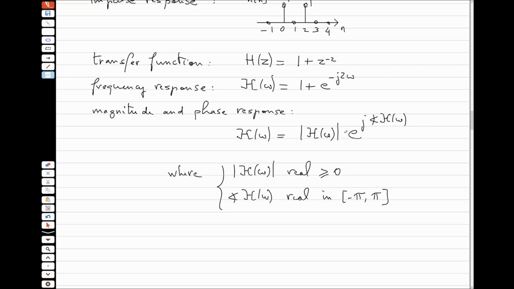So to find magnitude and phase, you must find an expression of that type with these characteristics.